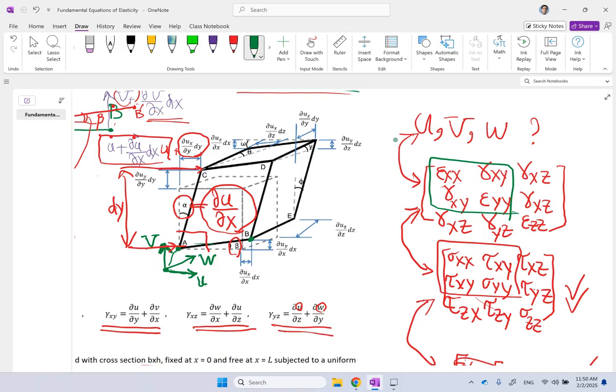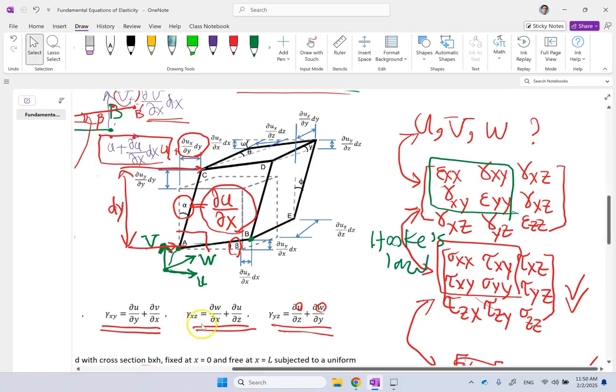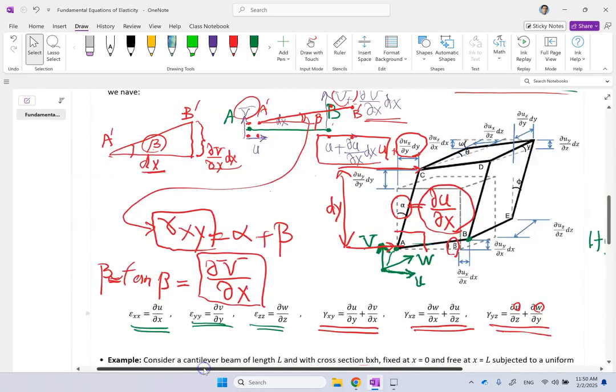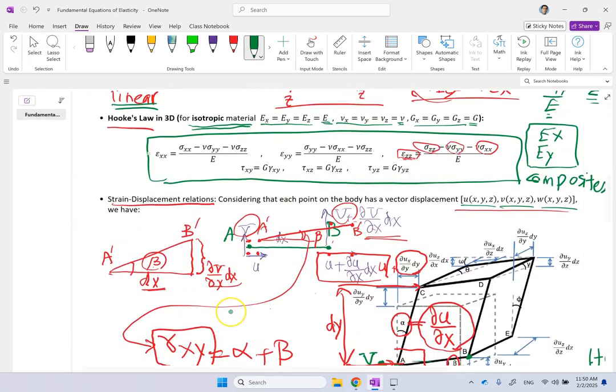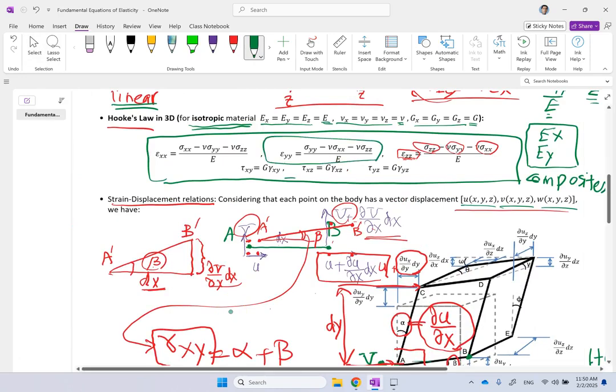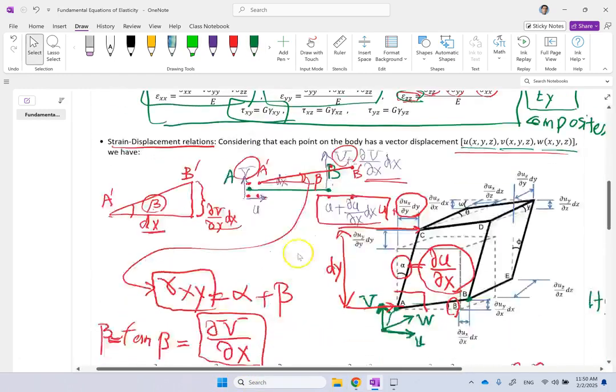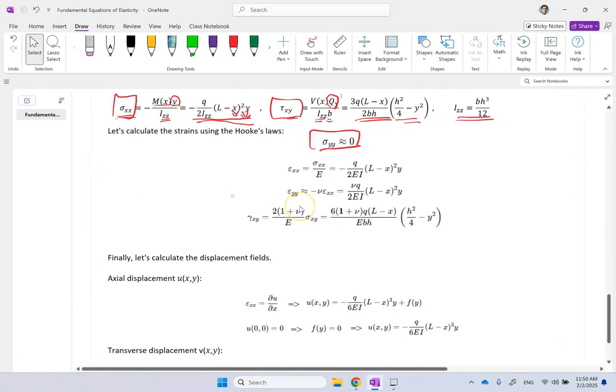Now going from here to here, remember that is Hooke's law. So here we are going to apply the Hooke's laws that we learned. These equations here, and the only ones we want are these three. So this one, and this one. In this case, of course, there is an epsilon zz as well. So we can find them, and you can see that here.